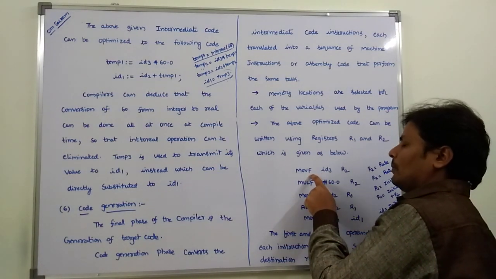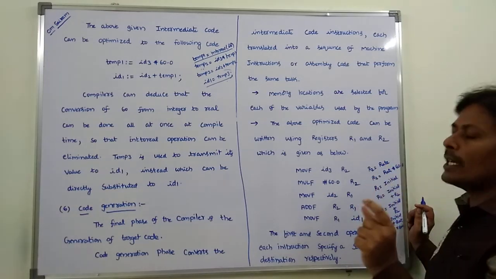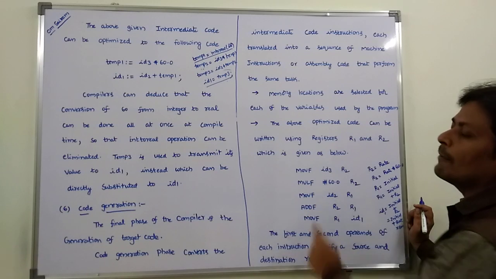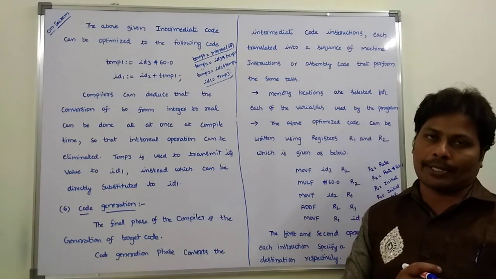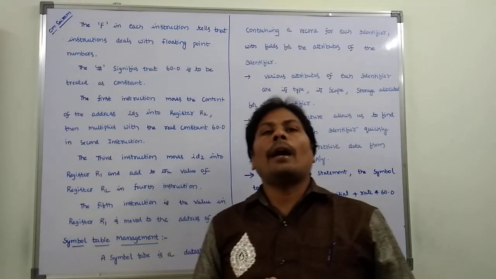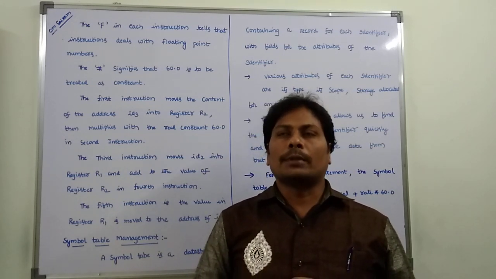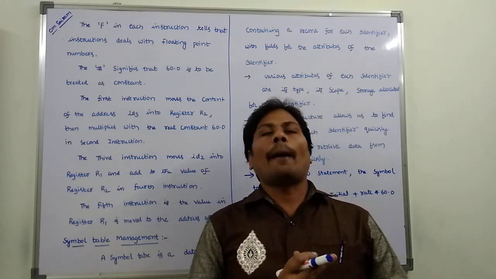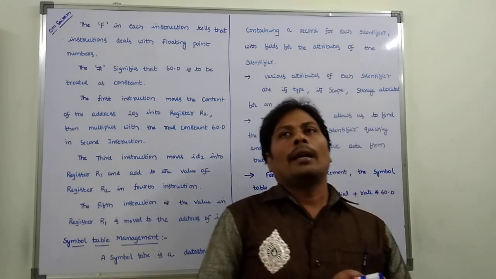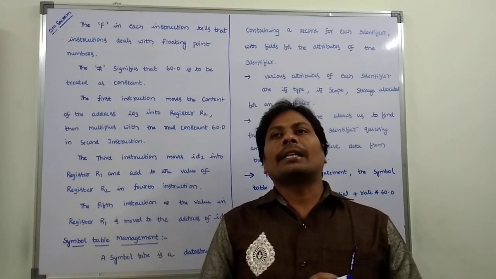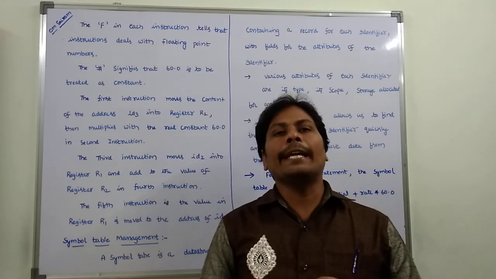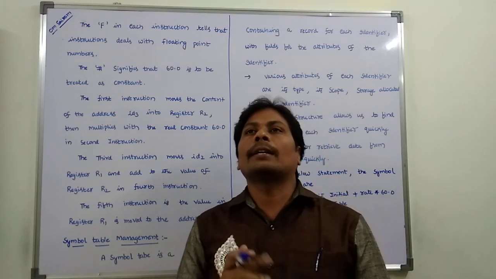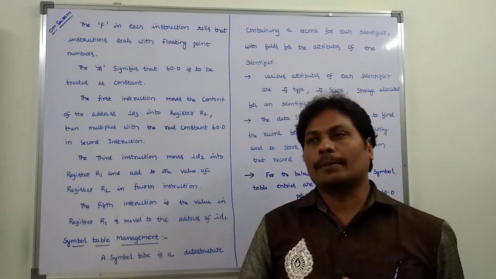Here F means each and every instruction deals with floating point instructions. In the above target code, each and every instruction contains F. F deals with floating point numbers.